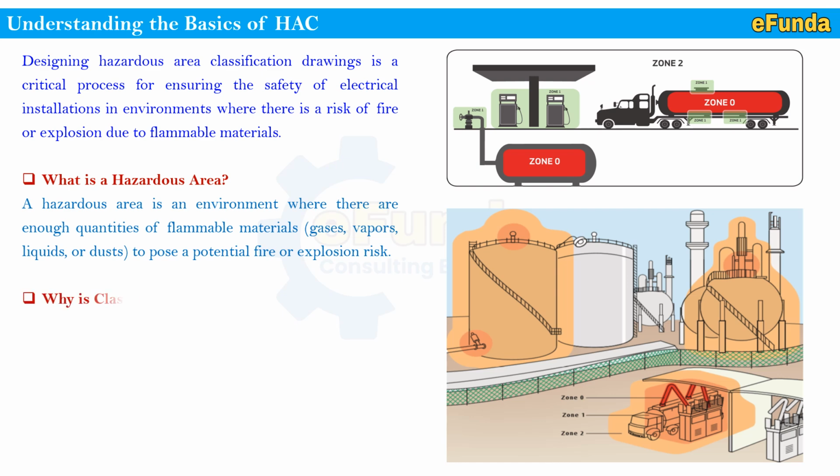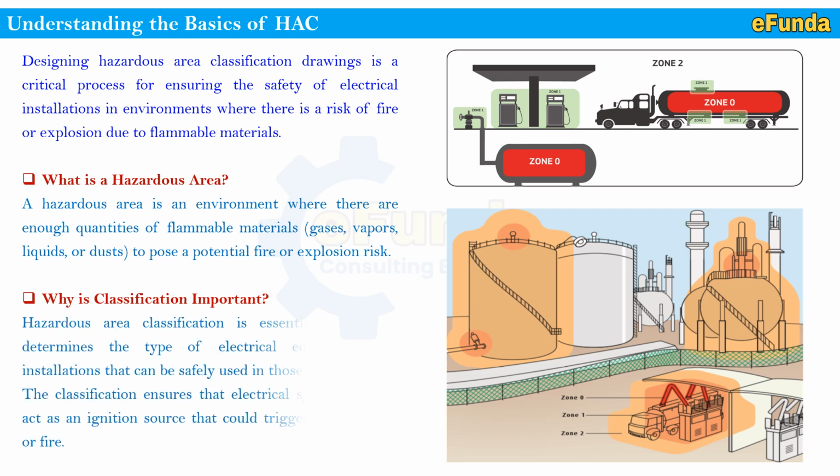So why is classification important in case of these facilities? Hazardous area classification is essential because it determines the type of electrical equipment and installations that can be safely used in those environments.